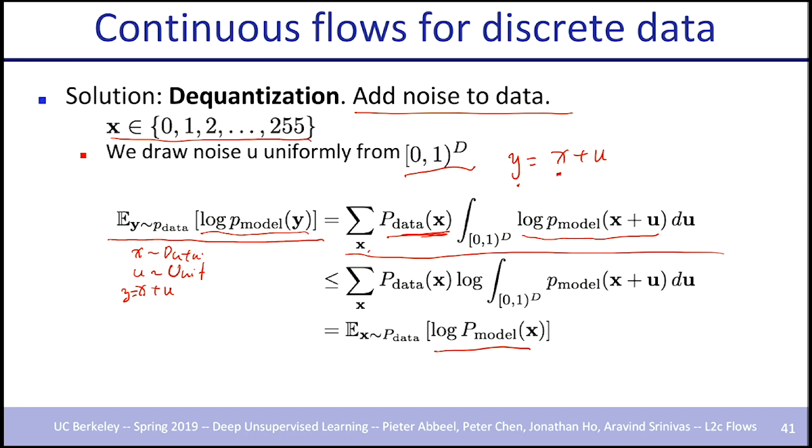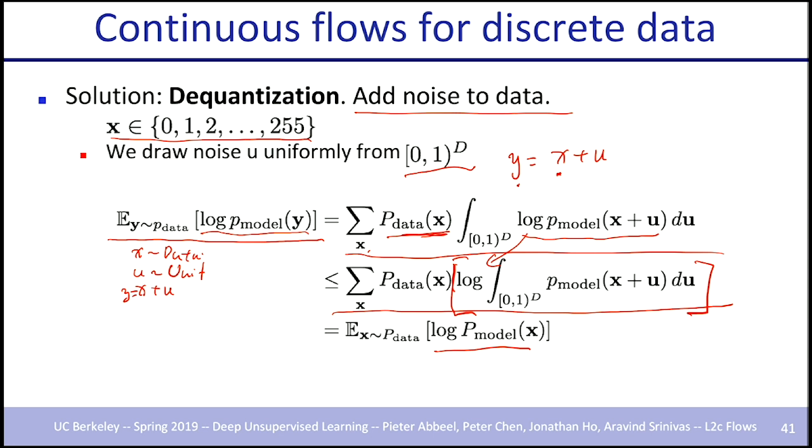At this point, you can just apply Jensen's inequality, pull the log out of the integral, and then you get a lower bound of this thing. And if we squint at this quantity, this is precisely how we define the probability mass that falls under that unit cube.